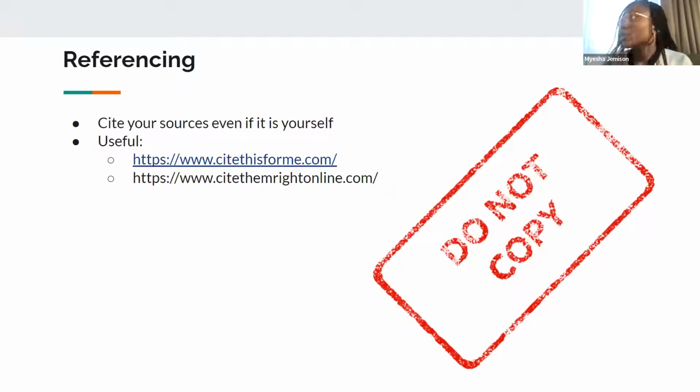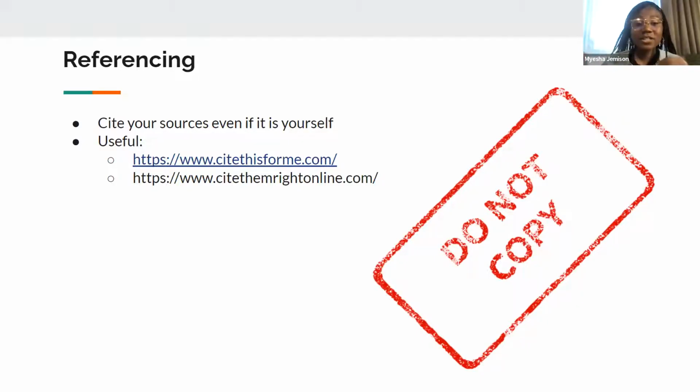Something that people are often nervous about, and I don't want it to come across as scary: in general, if you're doing work, you want credit for your work, right? So we should extend the same to the people whose knowledge and scholarship is contributing to our own work. In undergrad, I think they called it a scholarly conversation.